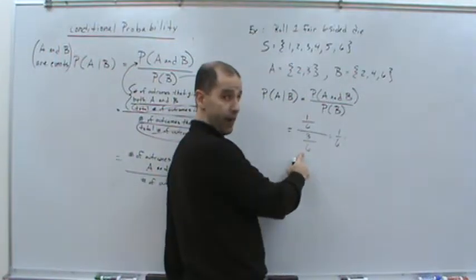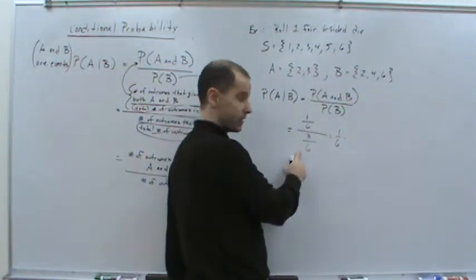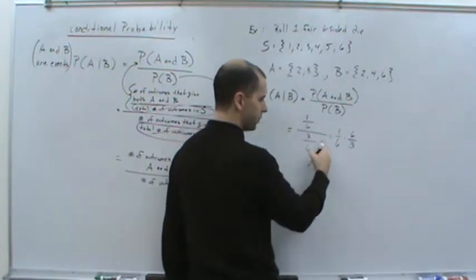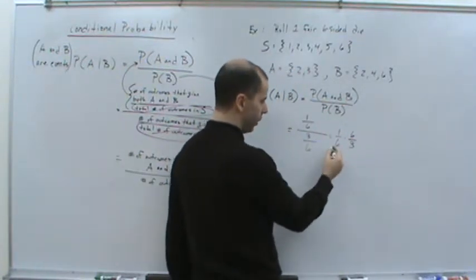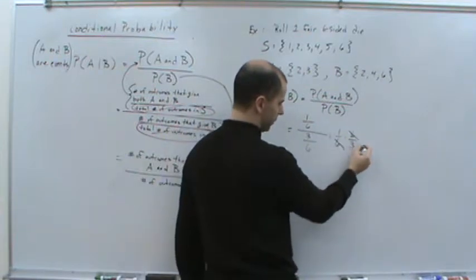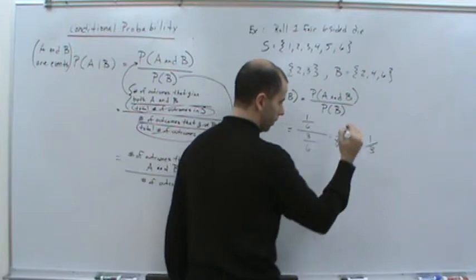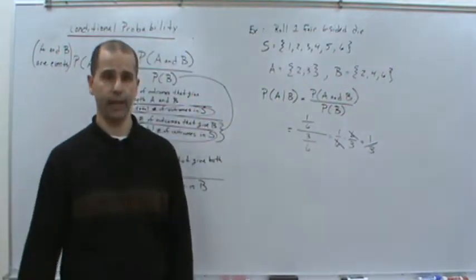When you divide fractions, you multiply by the reciprocal, so it'd be 6/3. What happens when you multiply across the top and the bottom? This 6 will cancel with this 6, and I end up getting the same answer, 1/3, okay?